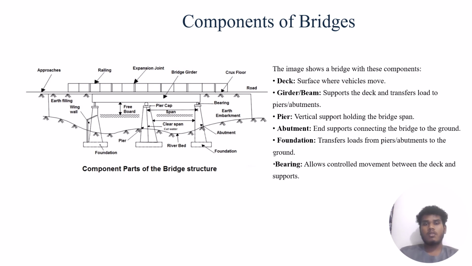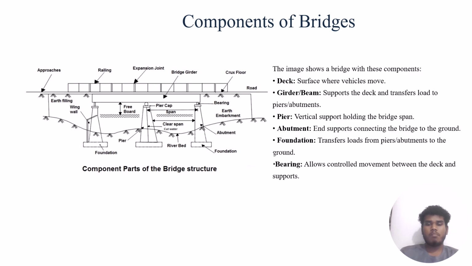So what are the components of bridges? First one is the deck. Deck means the surface where vehicles move. In this figure, you can see this is the deck of a bridge. Then a girder.